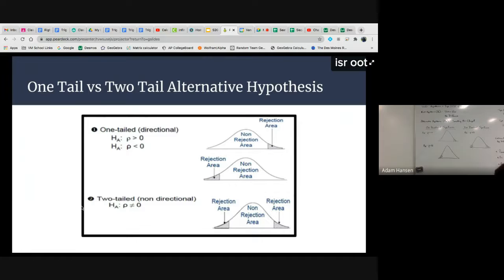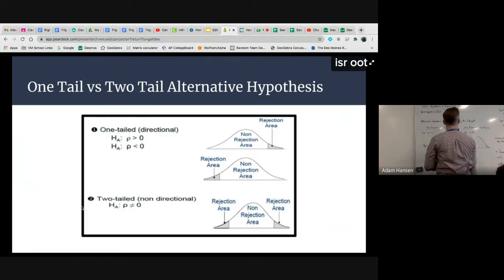When we set up two-directional hypothesis tests, our alternative hypothesis is that our parameter is no longer equal to, not equal to, some given value. It could be more than what I would have thought. It could be less than what I would have thought. It just can't be the same as what it was before in our null hypothesis.